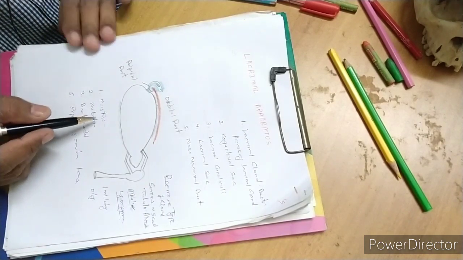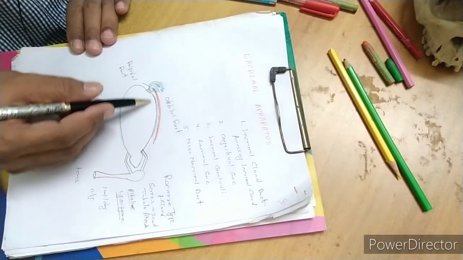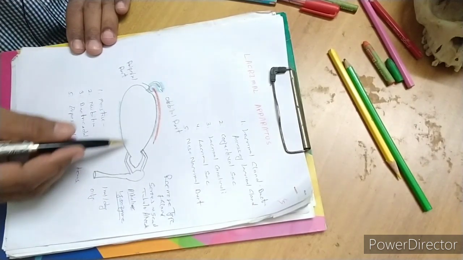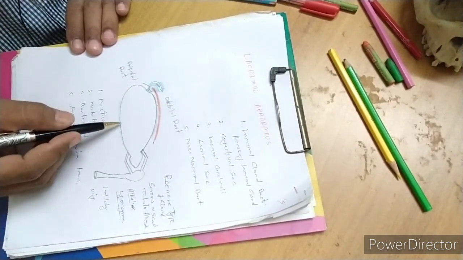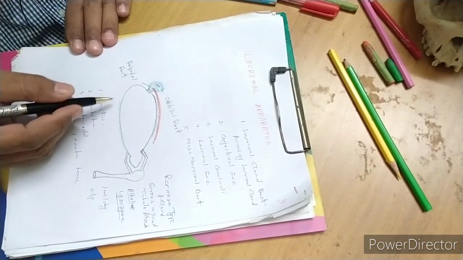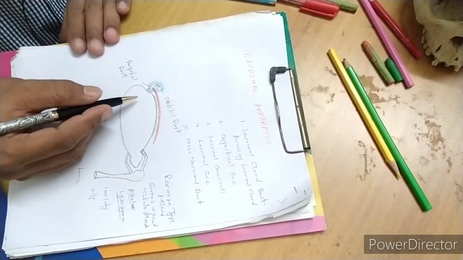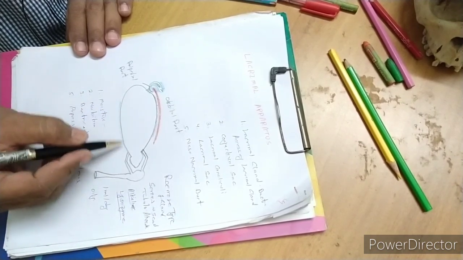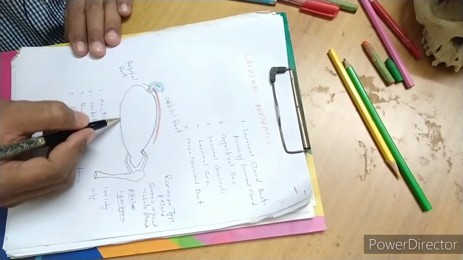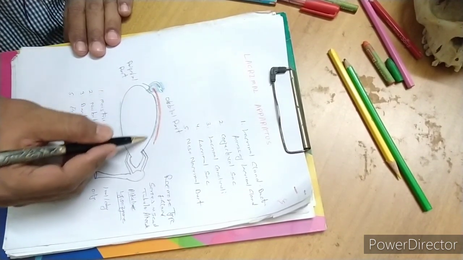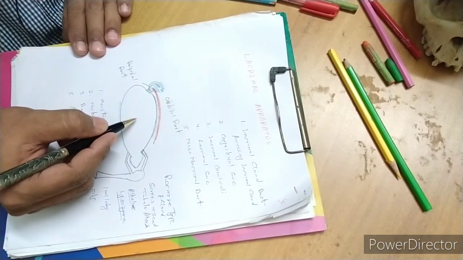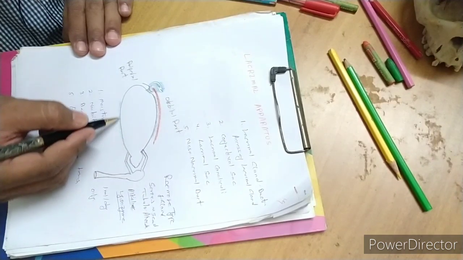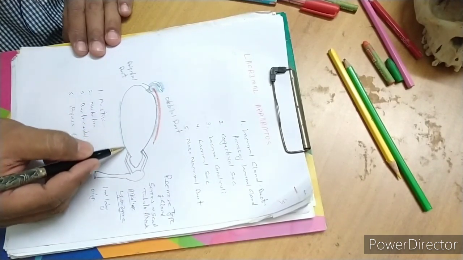Now, what are the factors involved in the drainage of the lacrimal fluid and the conjunctival fluid? Certain factors are there. First is the capillary action of the fluid. When the eye blinks, a capillary space is formed between the closed eyelid and the conjunctiva, and through this capillary space the fluid is drained.